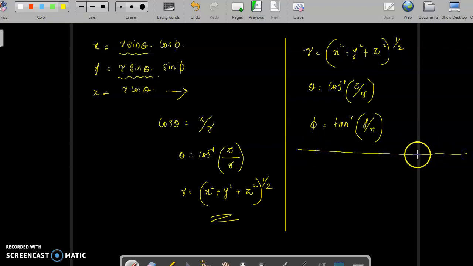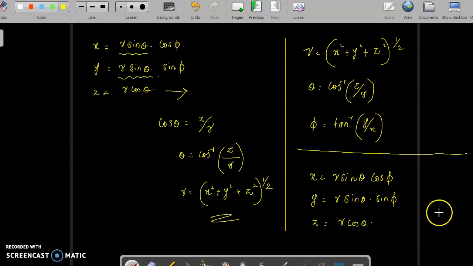Similarly, the other conversion, r, theta, phi to x, y, z: x equals r sin theta cos phi, y equals r sin theta sin phi, and z equals r cos theta.